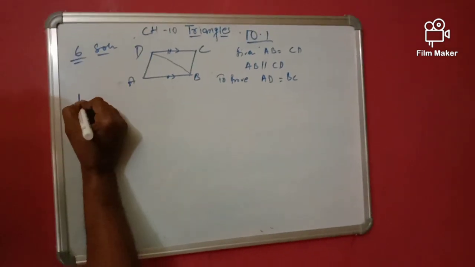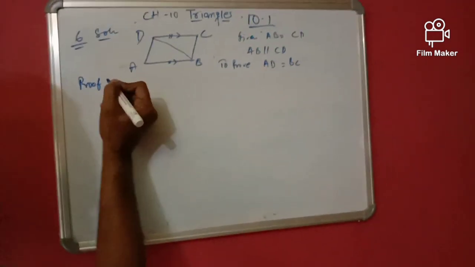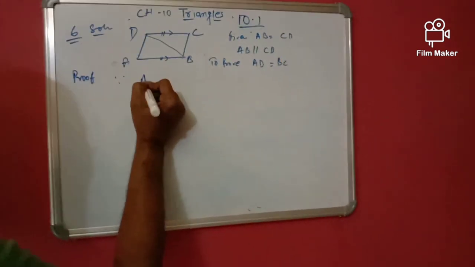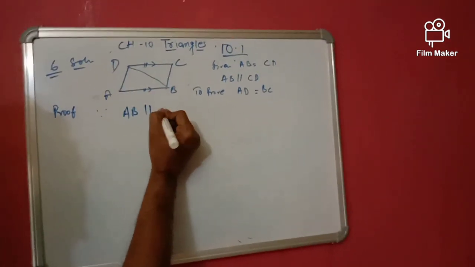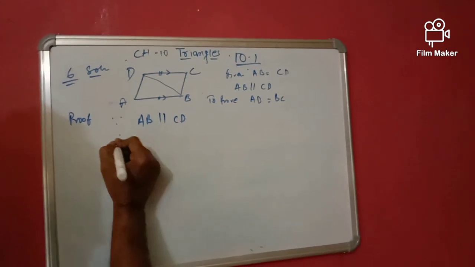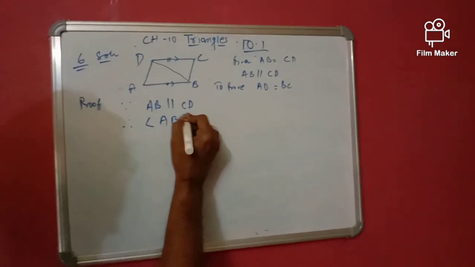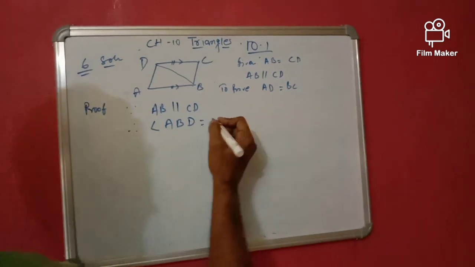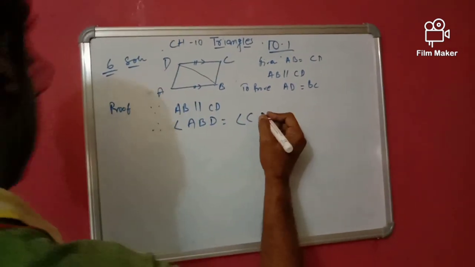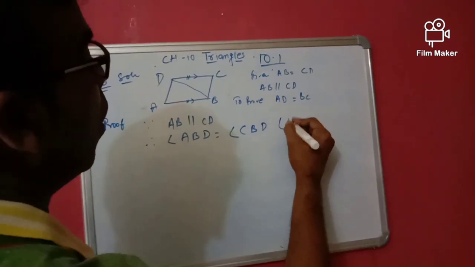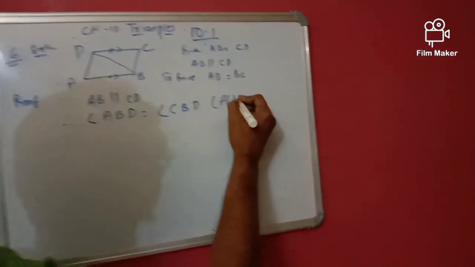So I am going directly to the proof. Here AB parallel to DC, therefore angle ABD equal to angle CDB. Alternate angles are equal.